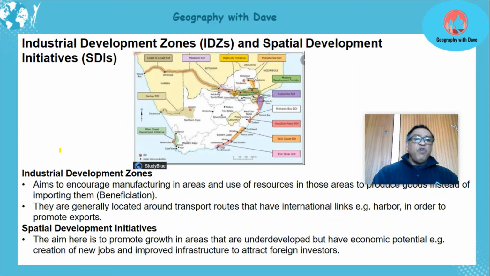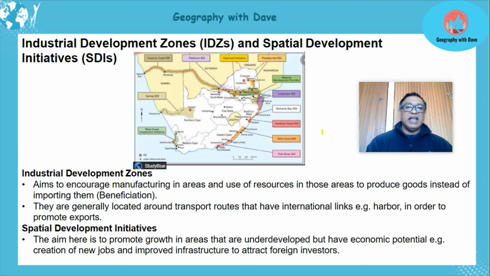Before we look at the specific IDZs that we are going to discuss, let's look at the concept of an IDZ or Industrial Development Zone and a Spatial Development Initiative. What does Industrial Development Zones actually mean, or what is their purpose?